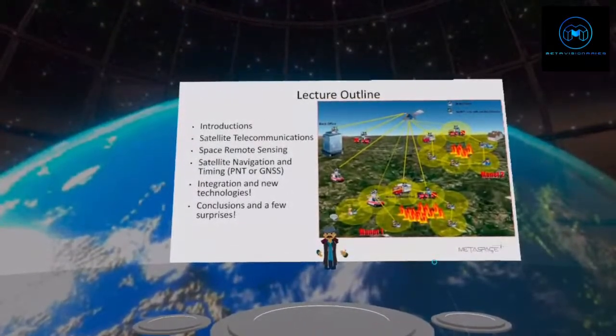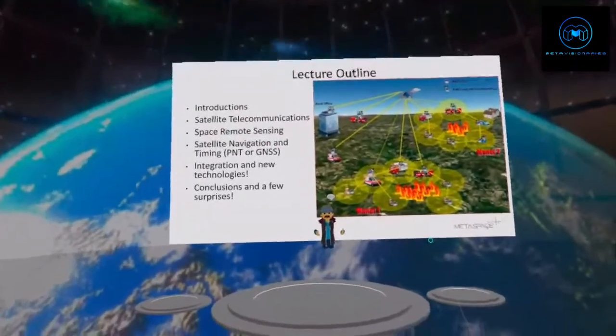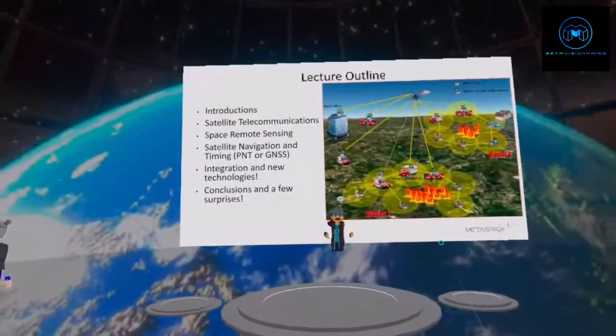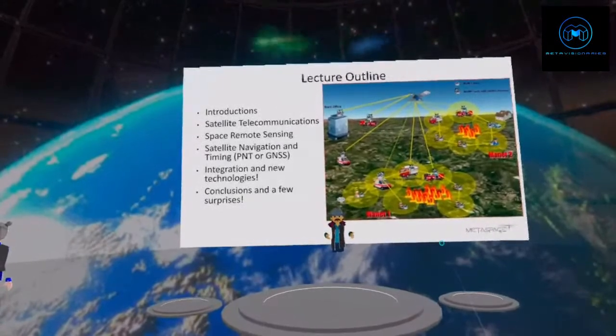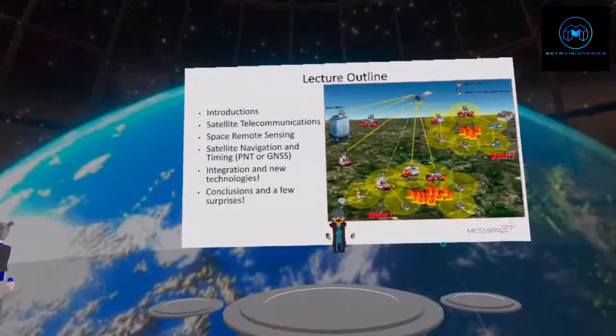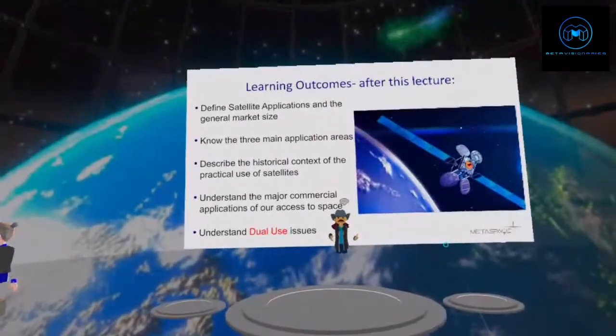So, we're going to talk about each of these in turn. I'm going to do my introductory lecture, and then I'm going to give you an individual lecture on each of these: telecom, remote sensing, and navigation. And we're going to talk about integration and how we're going to put all of these things together.